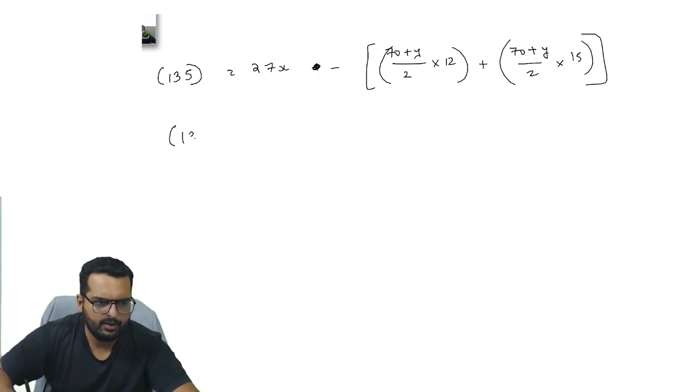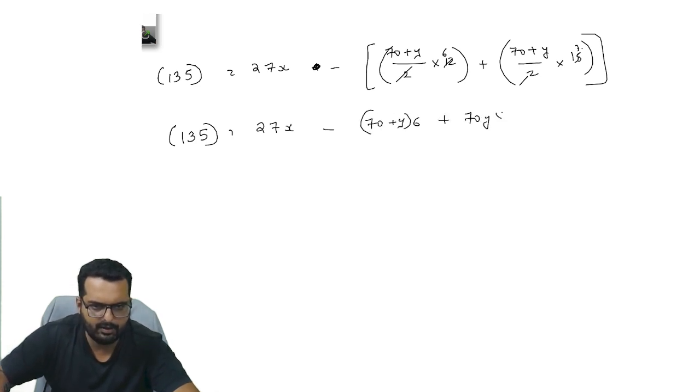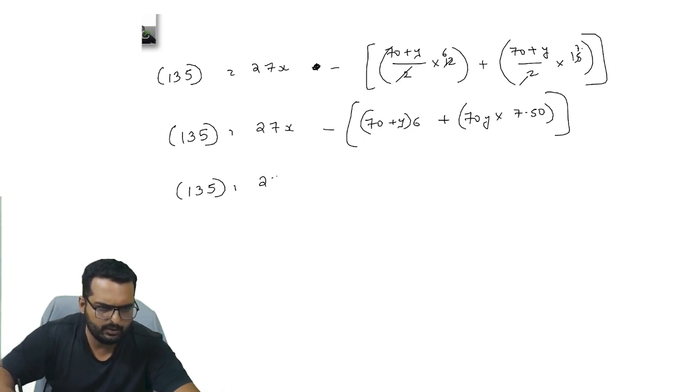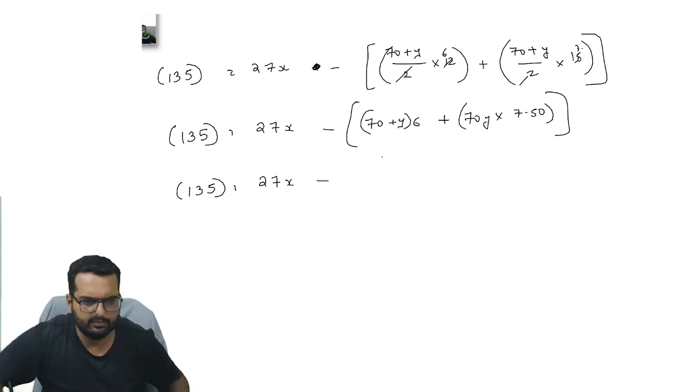Right? So minus 135 will be equal to 27x minus, this will become 6, this will become 7.5. So 70 plus y into 6 plus 70 plus y into 7.5, right? So minus 135 is equal to 27x minus, how much is 70 into 6? Is that 420?